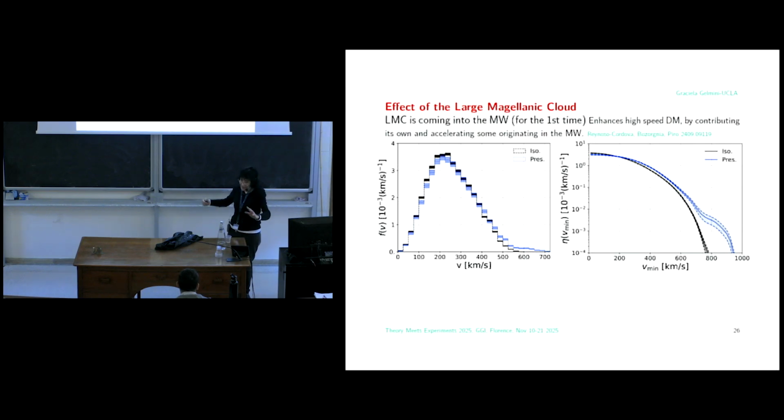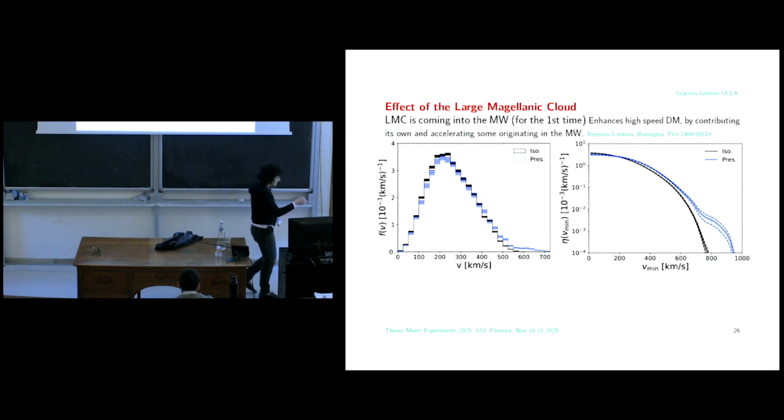It's just incoming with all its dark matter. And so it's incoming at some large velocity, and it brings showers of high velocity dark matter particles towards the solar system, and also accelerates some that are from the Milky Way.